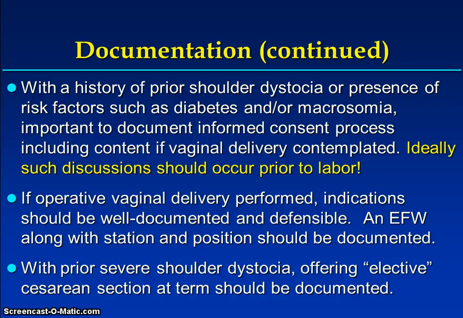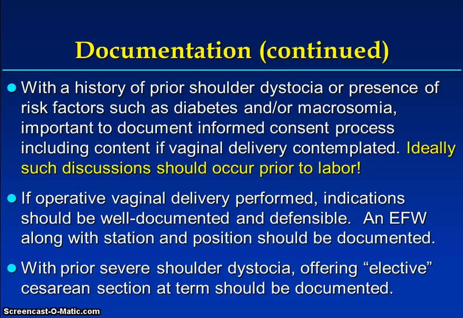If an operative vaginal delivery is performed, again, the indications should be well documented and defensible, and certainly the note should include the estimated fetal weight along with the station and the position.